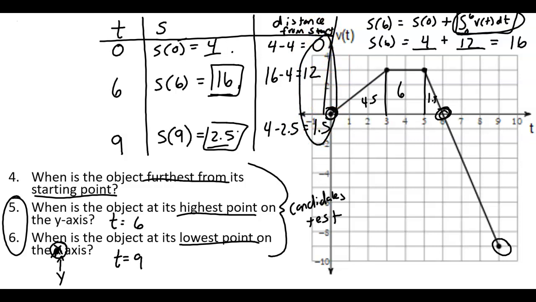The one that has the greatest absolute value, or the greatest distance from 4, and that would be at t equals 6. Okay? So that's how you handle the minimum maximum questions for these types of problems. You're just going to do your candidates test. Number 4 is a special case where you find the starting point and subtract from it, though, the minimum maximum points to find the distances instead.